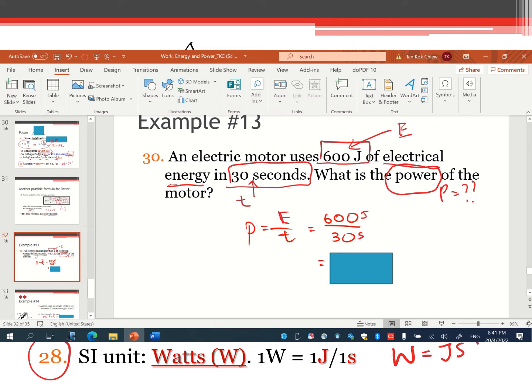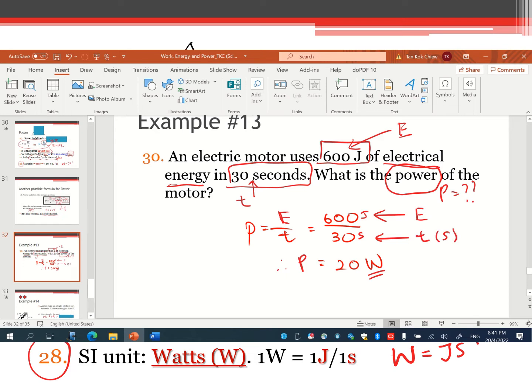With this, cancel off the zero, you will get the answer 20. But remember, you are calculating power, therefore your answer should be in watt. Easy, right? So power is basically using any energy over any time, which must be in second.